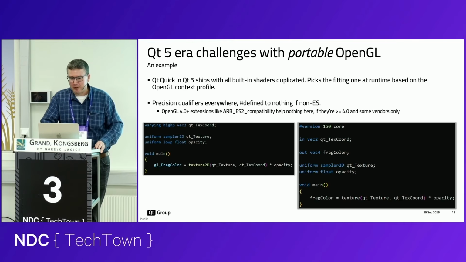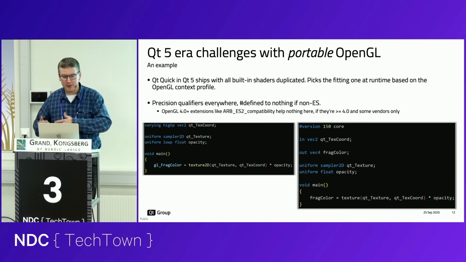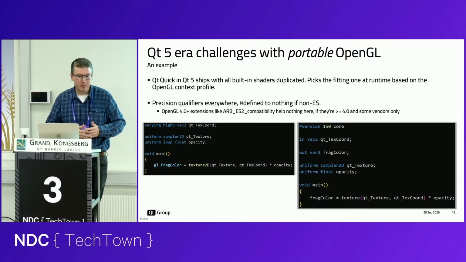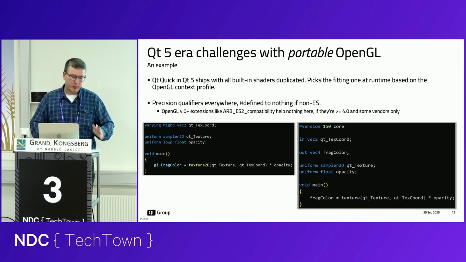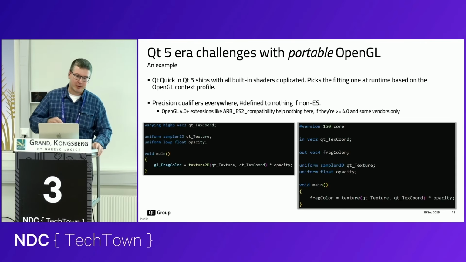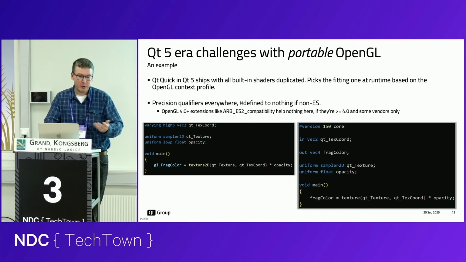On the right you see the version 150 shader that corresponds to OpenGL 3.2, if you are familiar with GLSL versioning. That's the one we use for core profile context, because the one on the left may simply be rejected, whereas the one on the left is what we use everywhere else: pre-3.2 context, compatibility profile context, or with OpenGL ES.